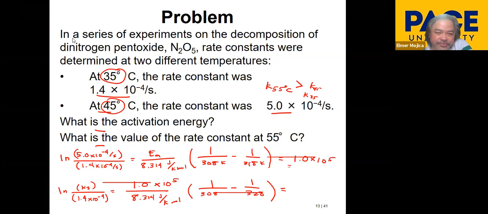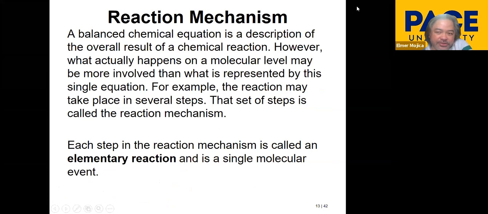So this is the same as the one that you had before in the Clausius-Clapeyron equation. The last part that we have is the so-called reaction mechanism. So when we go to our balanced chemical equation, what we usually have is just the description of the overall result of the chemical reaction.